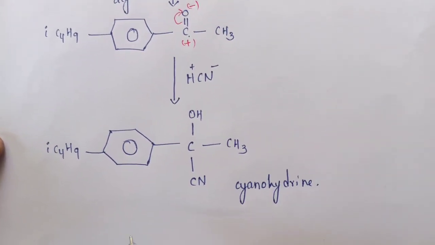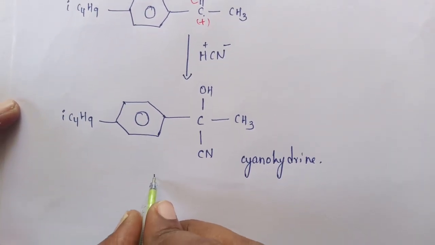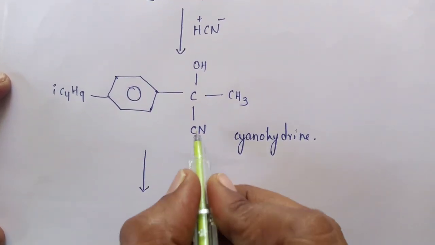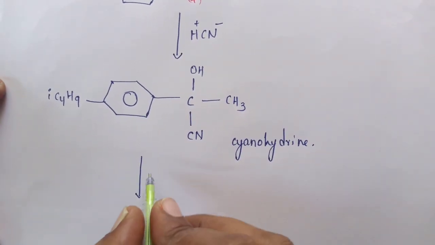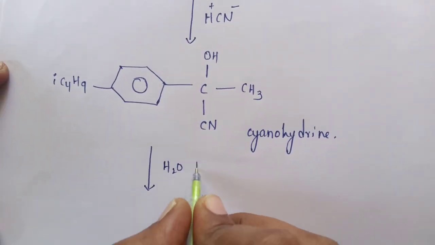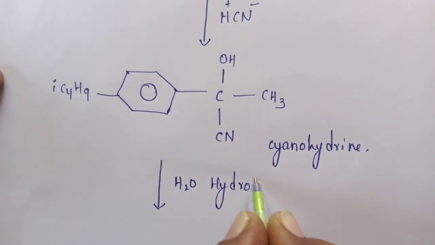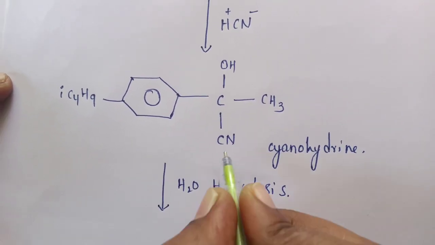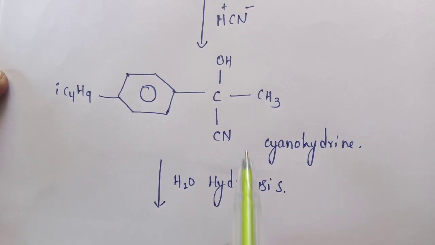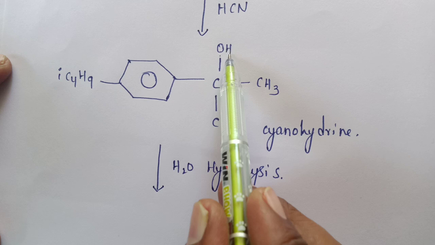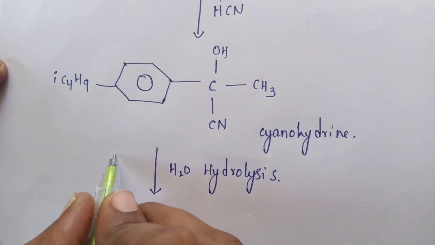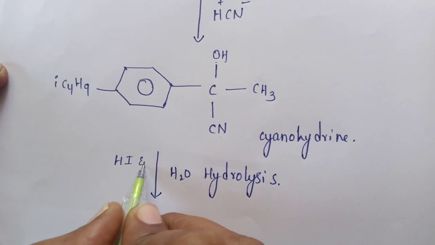The obtained cyanohydrin undergoes two processes here. One is to convert the cyanide into carboxylic acid by hydrolysis. By hydrolysis we convert this cyanide into an acid, and we get COOH here. The next step is that we don't require the hydroxy group, so we go for reduction in the presence of HI and phosphorus.